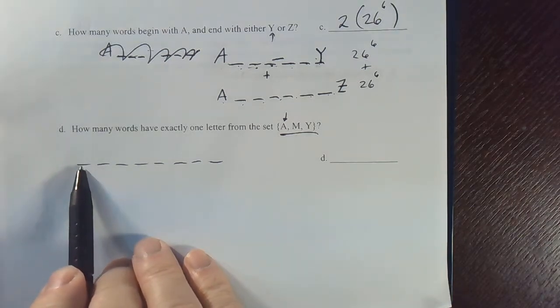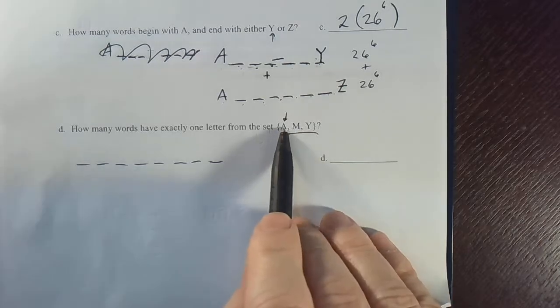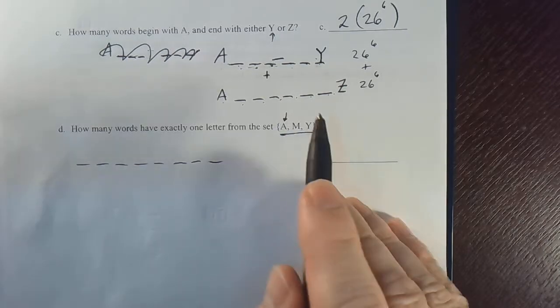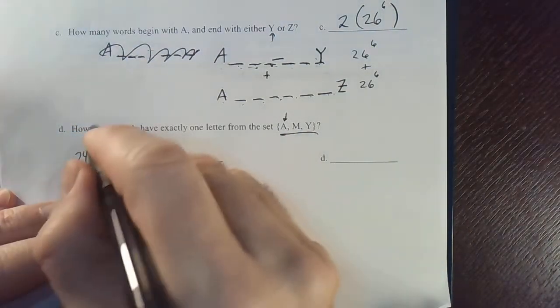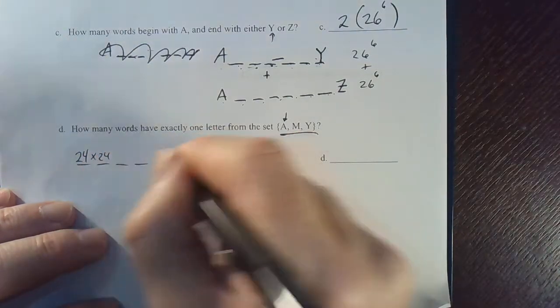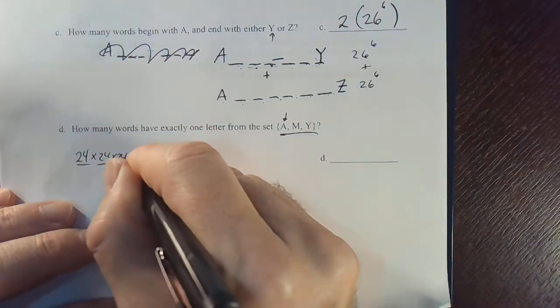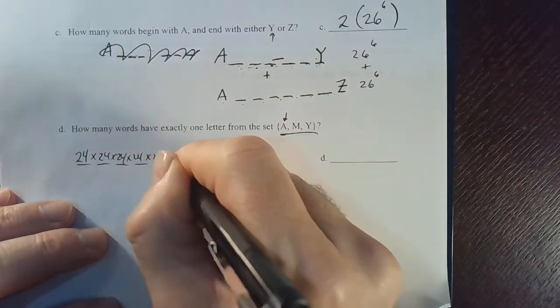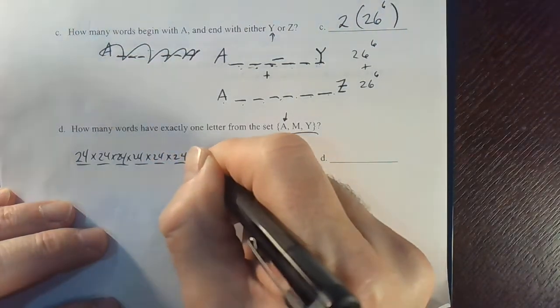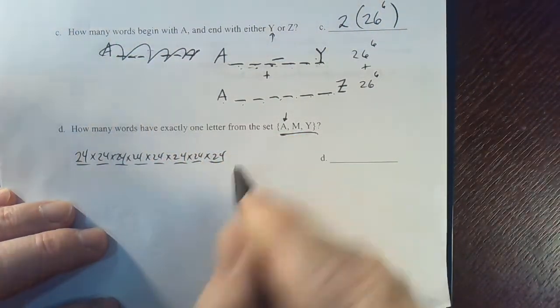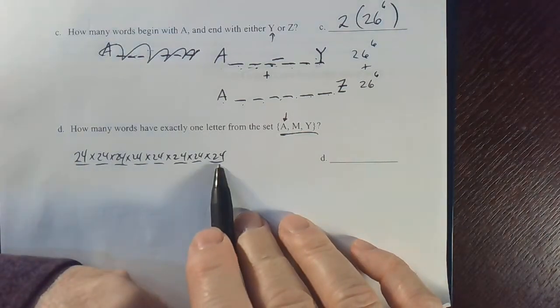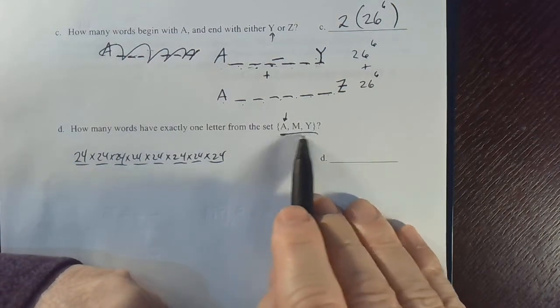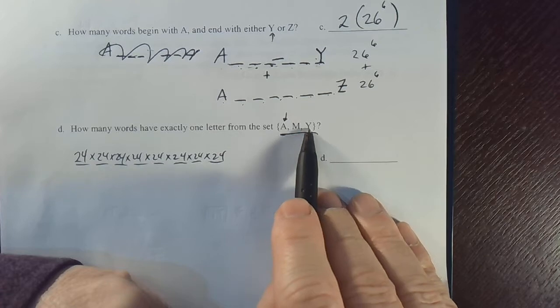Well, the alphabet has 26. We can use an A, but we can't use these two. So it's going to give us a 24. 24, all the way. That's how many words contain A and no M and no Y.